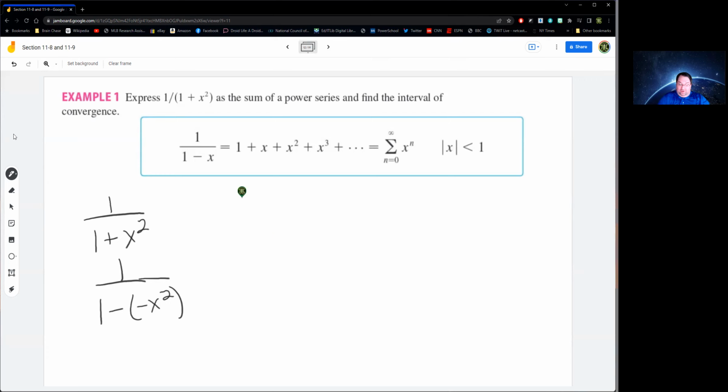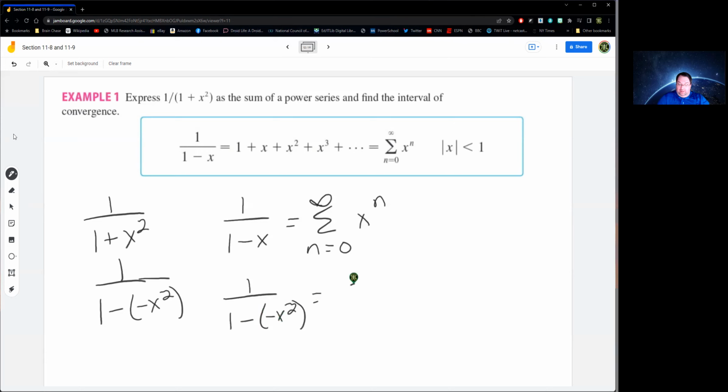So if 1 over 1 minus x is this, then 1 over 1 minus negative x squared is negative x squared to the n power.